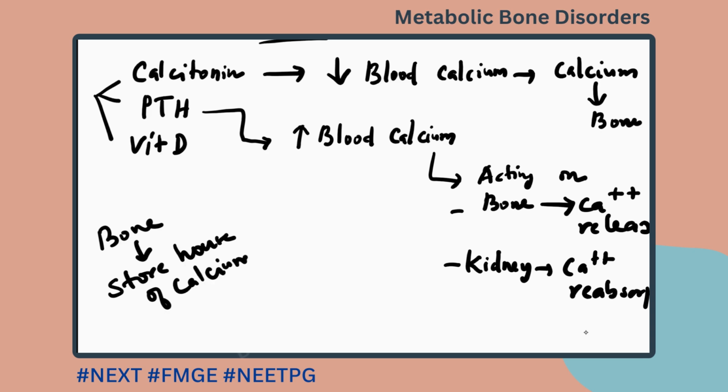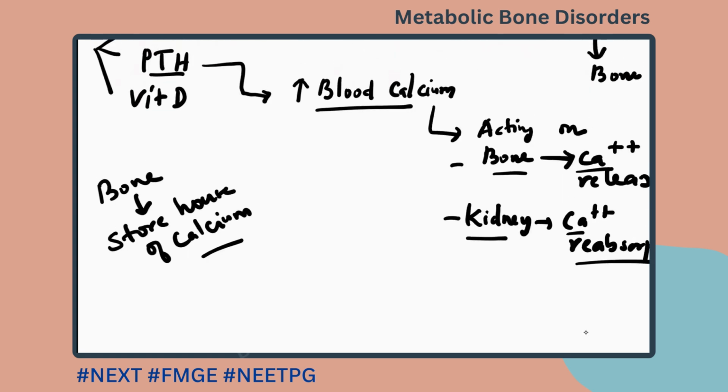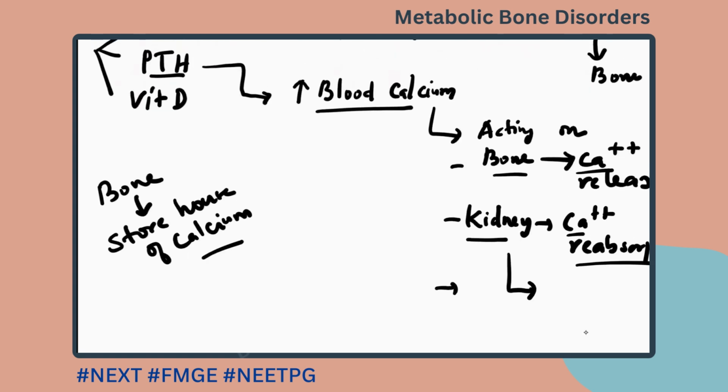So what parathormone does is it acts on the bone and increases the blood calcium by releasing calcium from the bone. It also acts on the kidney and causes calcium reabsorption. It also increases phosphate excretion.